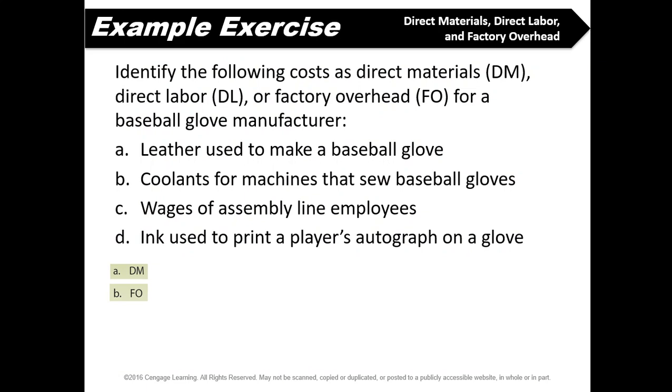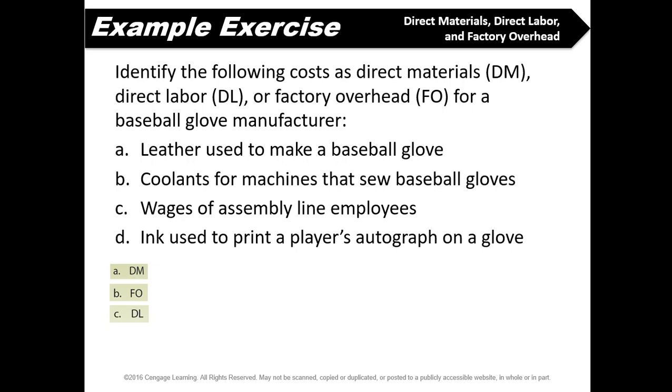The wages of the assembly line employees. Those assembly line employees are directly putting those gloves together. They're touching it and making sure they're complete. Those are direct labor. The ink used to print autographs on the gloves.